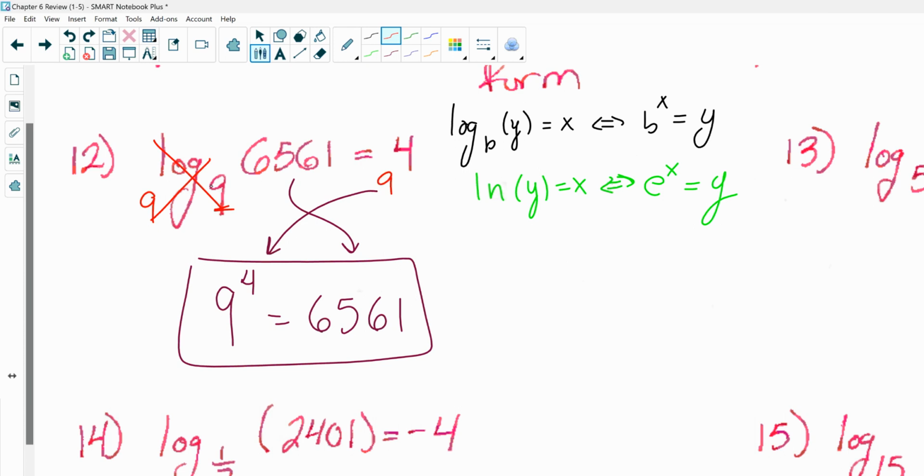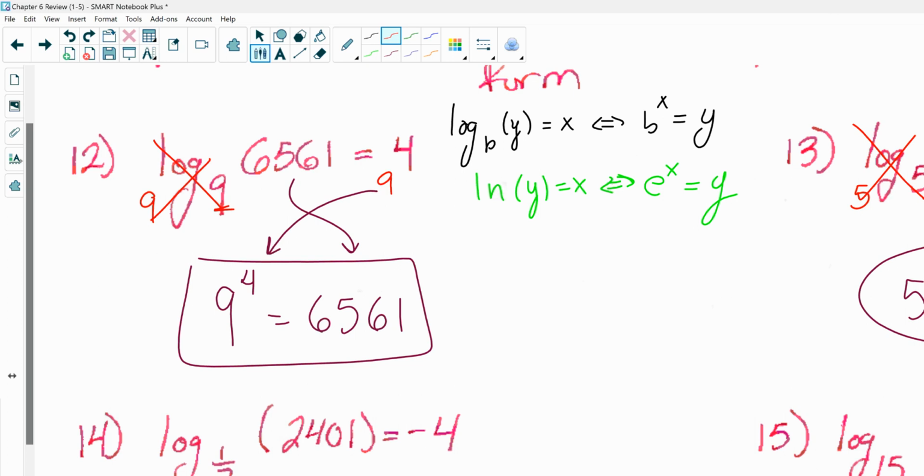Questions on number 12? What would number 13 be? 5 to the 7th equals 78,125. Because we're really putting both sides to the base of 5. Those would cancel.